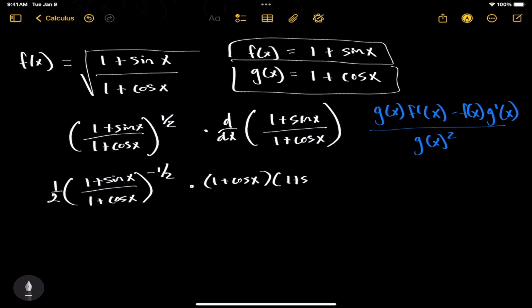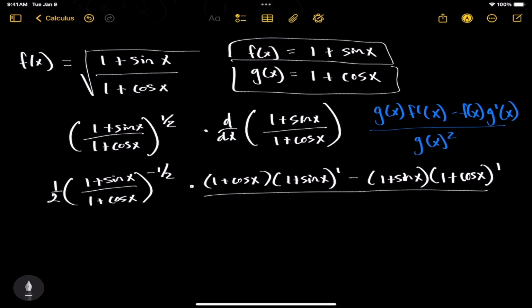So I'm going to write (1 plus sine x) prime, minus, then just rewrite 1 plus sine x. And then you take the derivative of g of x, which is (1 plus cosine x) prime, and then over (1 plus cosine x) squared, which is g of x squared, of course.